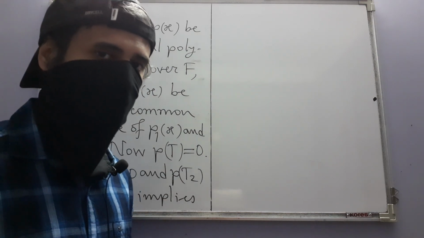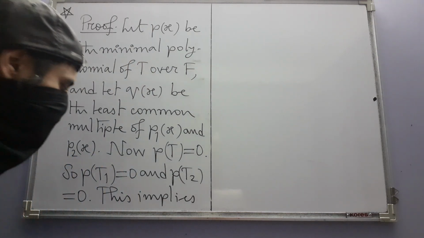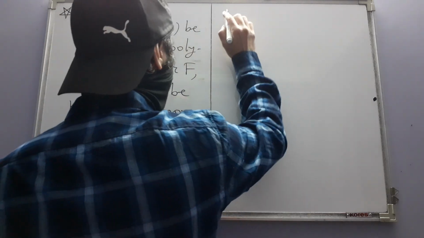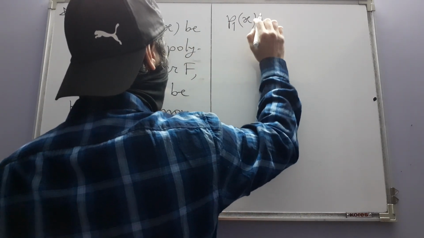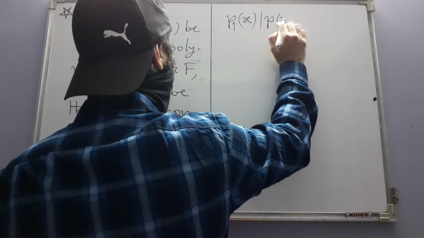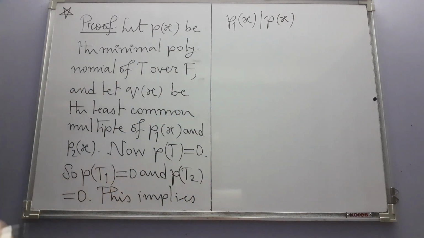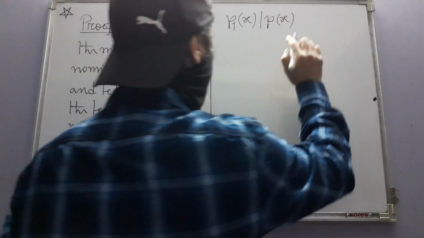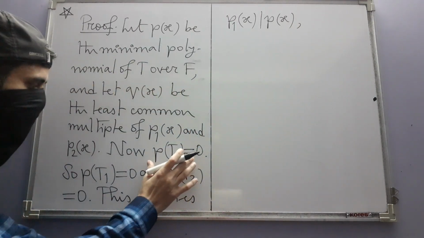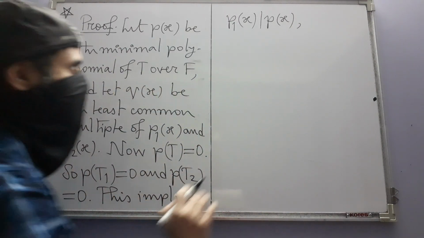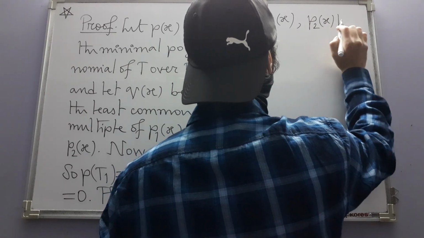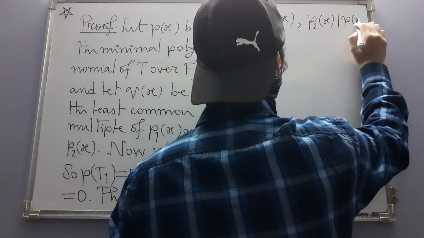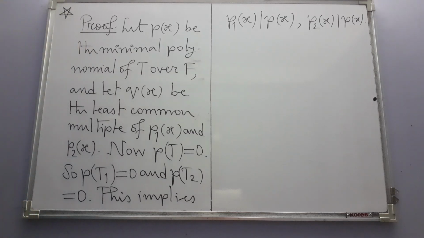That's why this divisibility happens. So the minimal polynomial of T1 is going to divide this annihilating polynomial of T1. And also, because of this second equation, the minimal polynomial for T2 divides this annihilating polynomial.